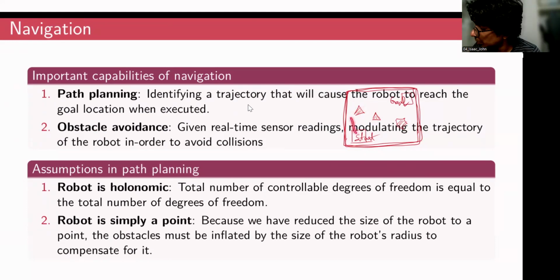Initially, the robot may have found an optimal trajectory, one that takes very minimal effort. But as the robot executes this trajectory, if suddenly an obstacle comes into that trajectory, it has to adapt around that obstacle so that it won't face any collisions.